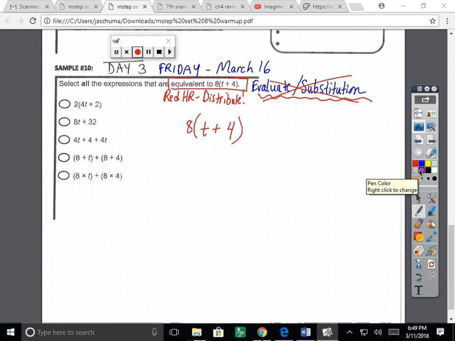So what I want you to notice is this t plus 4 in the middle. I can't really add them together. I don't know what t is worth. It could be worth 5 or 0 or 7 or 9. I don't really know. So these are just going to stay separate terms, is what we call them. This 8 on the outside secretly is being multiplied by everything inside parentheses. This is called a distribution.